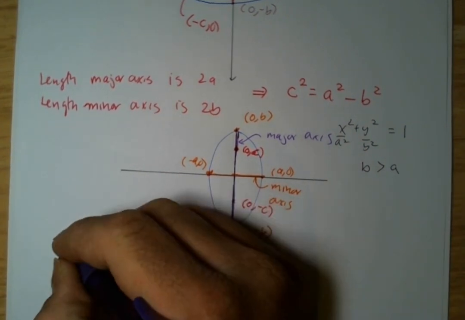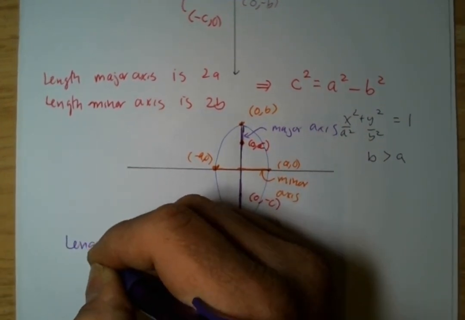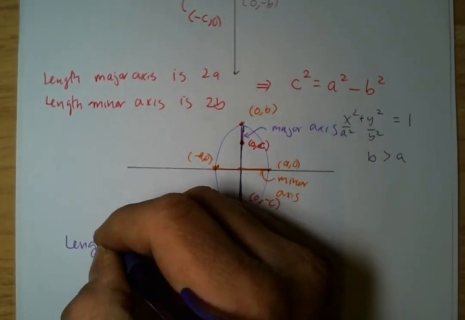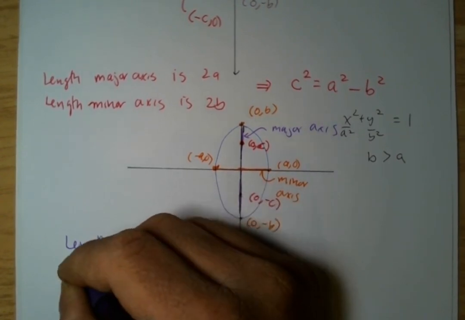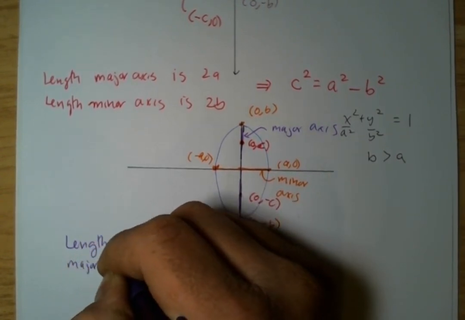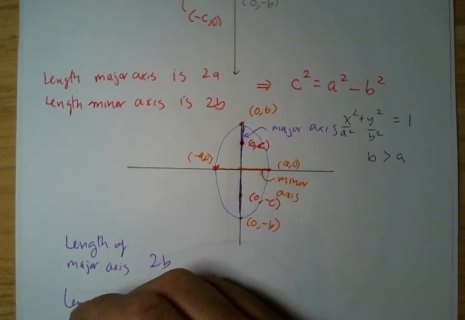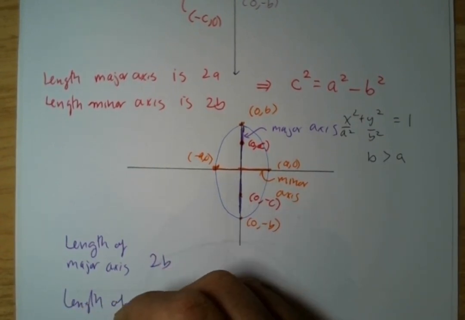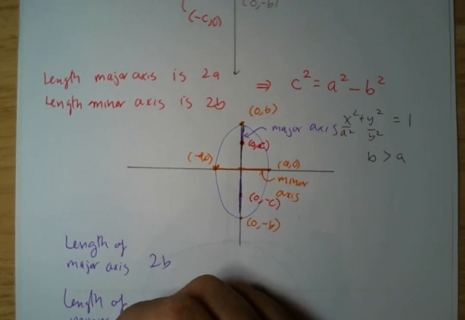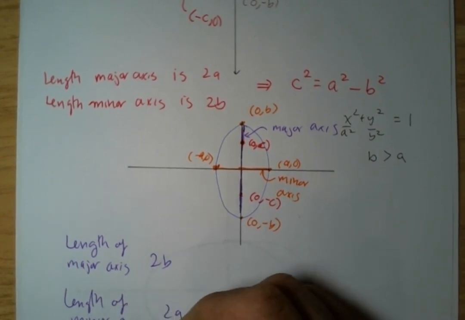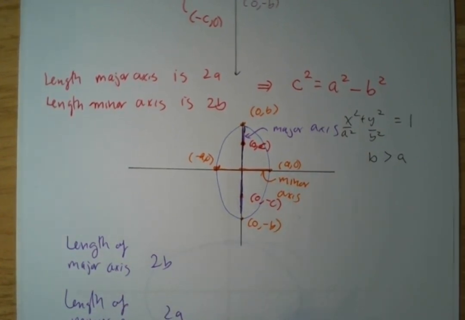And now in this case, the length of the major axis is 2b, and the length of the minor axis is 2a. Okay.